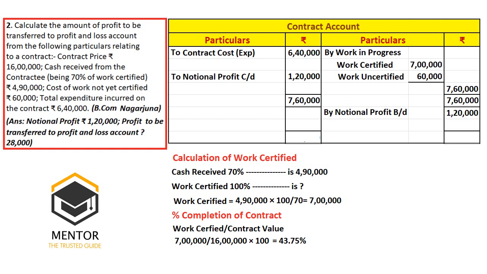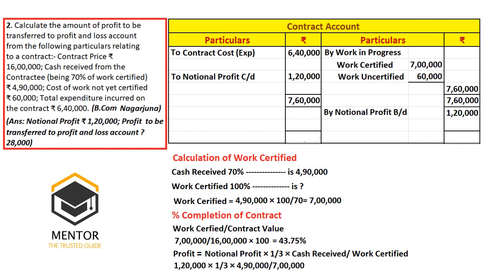In the sense, which formula we need to apply? First formula. The formula is notional profit into 1 by 3 into cash received by work certified. Why we are applying for first formula? Because the contract has not made the sufficient progress of 50%. If it is 1 by 4th above and 50% below, then this formula will be applied. If it is more than 50%, then what will be the formula? Instead of 1 by 3, we replace with 2 by 3 only.